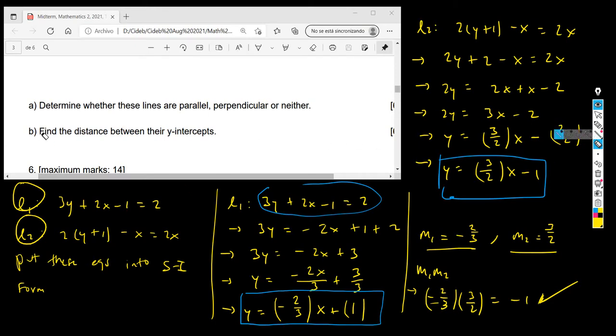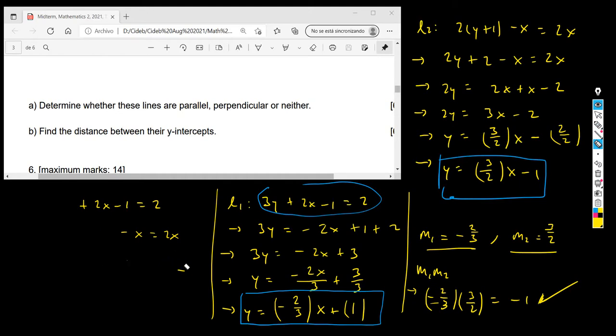Now find the distance between their y-intercepts. So what does this question mean? It means this: if you drew both lines in the same Cartesian plane, then you can observe that the first line has an intercept of 1.